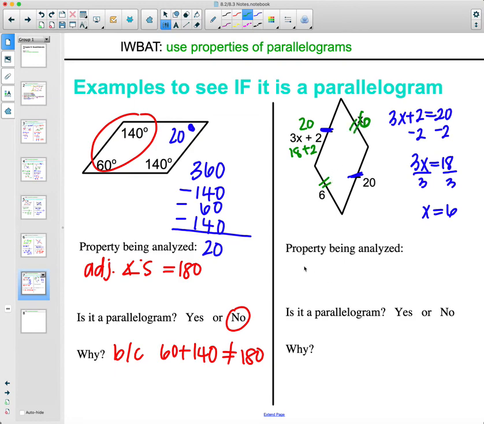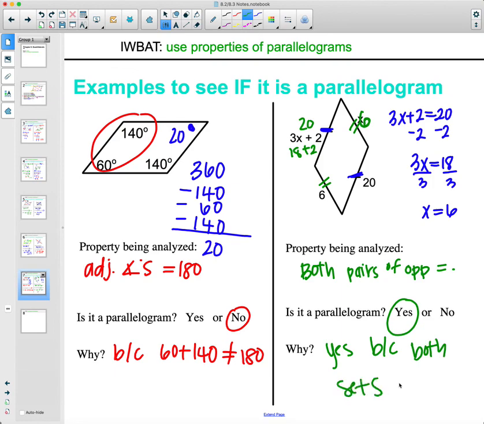So you're analyzing that both pairs of opposite sides are congruent, okay? And so you set those two that were marked up equal, you solved and found out that yes, both pairs. So you found out that both sets are equal, which makes it a parallelogram.